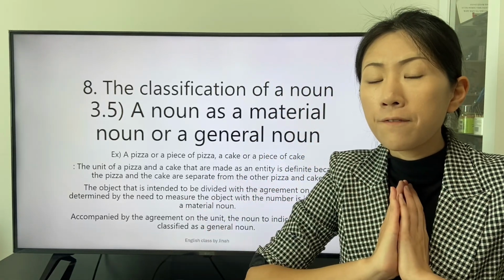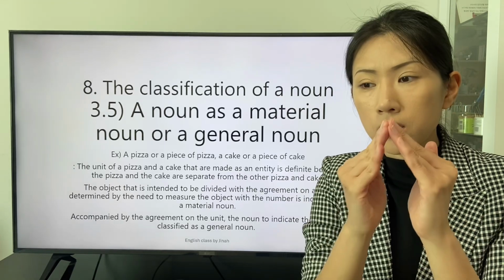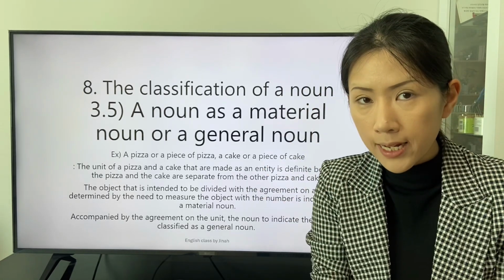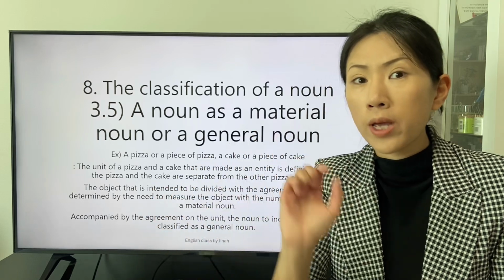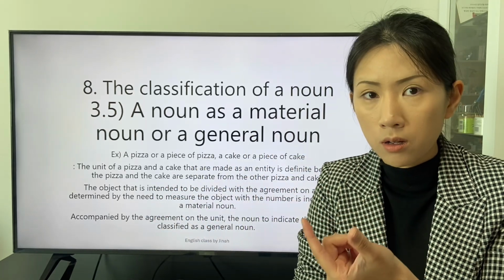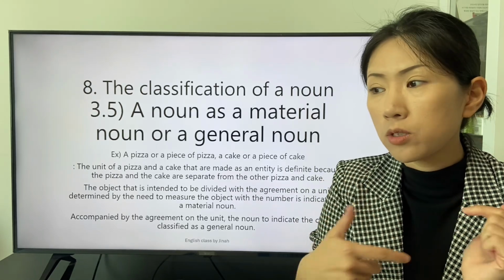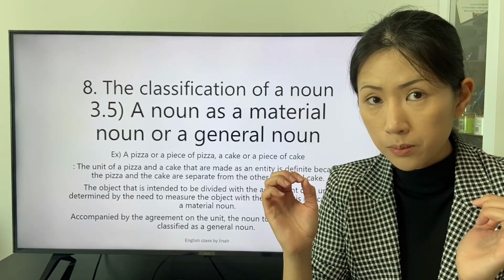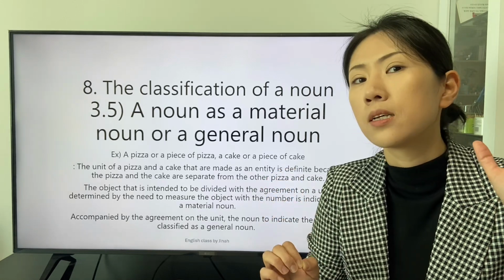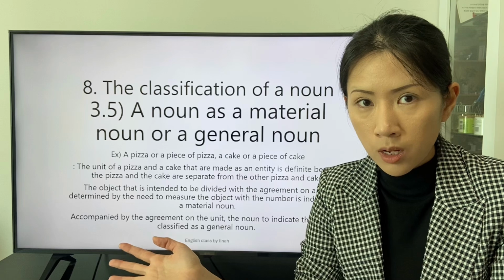But from the point we need to split the cake into pieces, we have to set the unit of the cake. The object without the unit is indicated by a material noun.